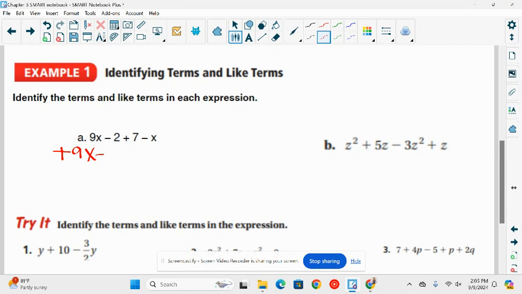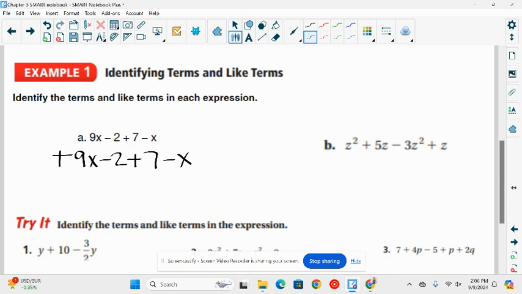So we're going to rewrite this as positive 9x. Use your pencil to rewrite it: positive 9x minus 2 plus 7 minus x. What are the requirements for them to be able to go together? There are 2 requirements.